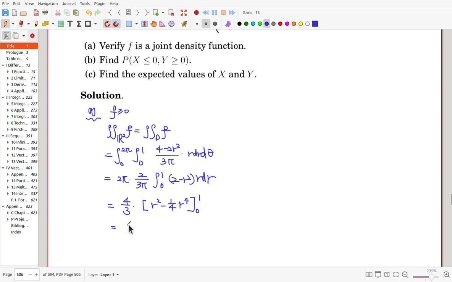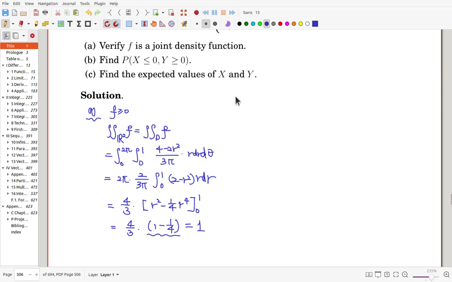So that's 4 over 3 times 1 minus 1 over 4, which is 3 over 4. This product must be 1. So the integral of the function over the whole plane is 1 and it is non-negative, so it is a joint density function.